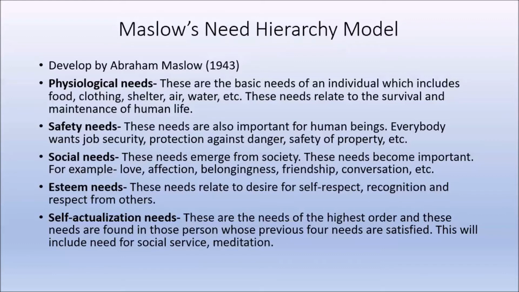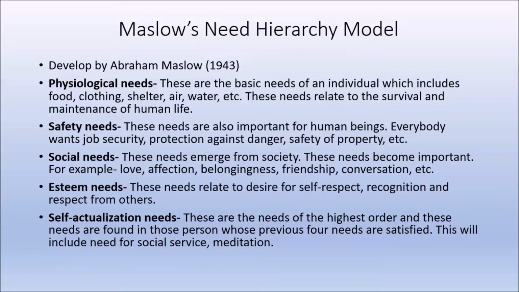So the first one is the physiological needs. That is the first basic need that has to be achieved or addressed by a human or individual in life or in the organization itself. These are the basic needs including food, clothes, shelter, house, water, air.